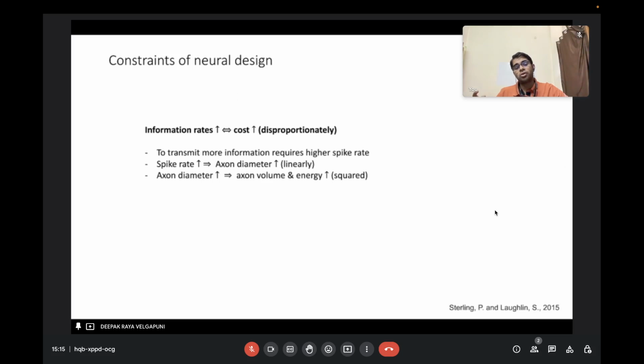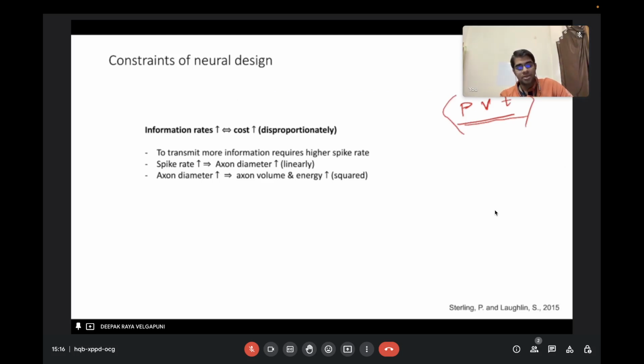So your brain has to optimize its structure in order to optimally use these variables, like the information rates, energy and volume requirement. It's like what you have heard in electronics: power, space and time. You have to optimize these variables in such a way that your circuit optimally uses these resources.